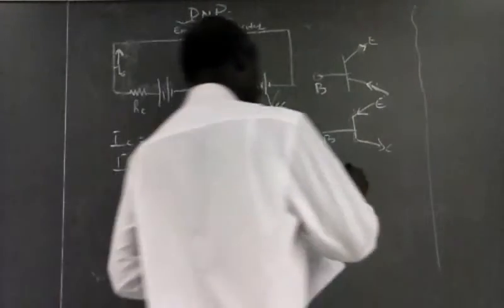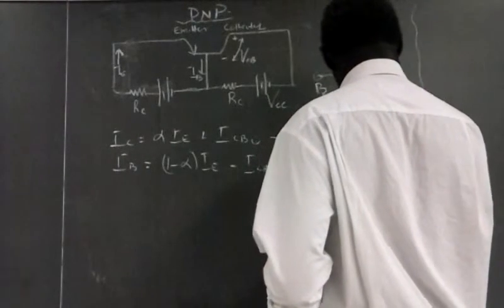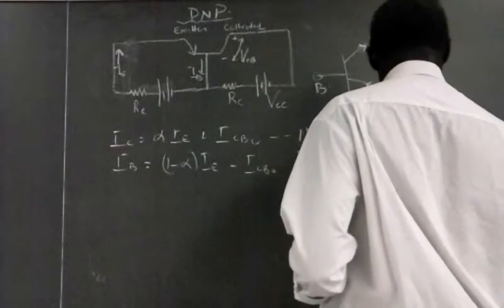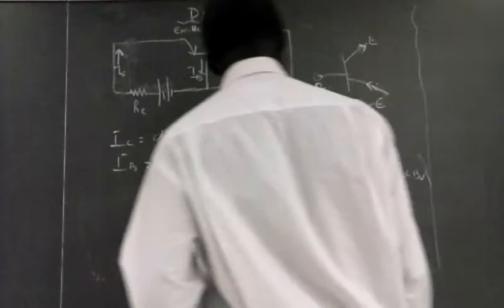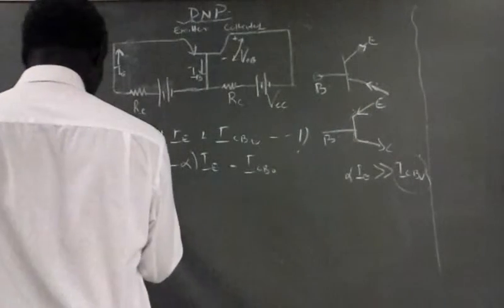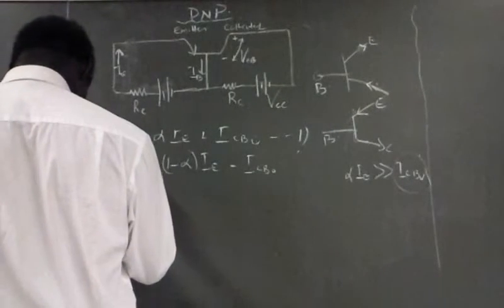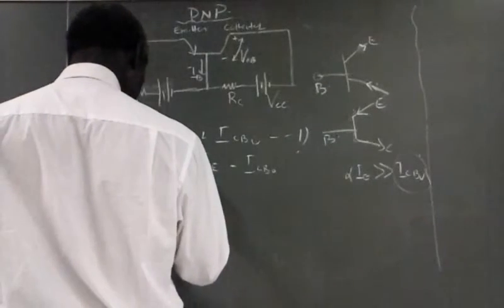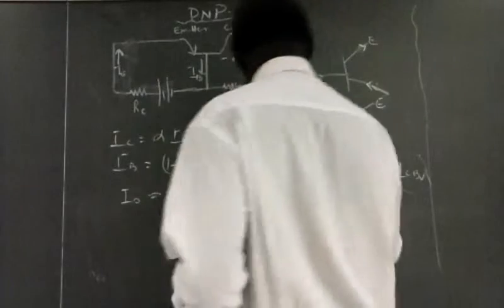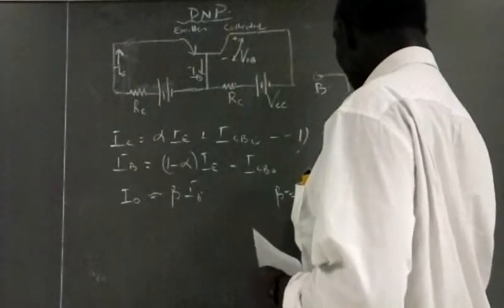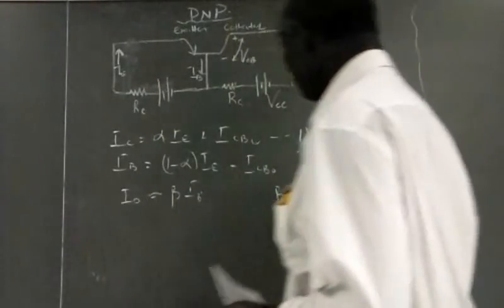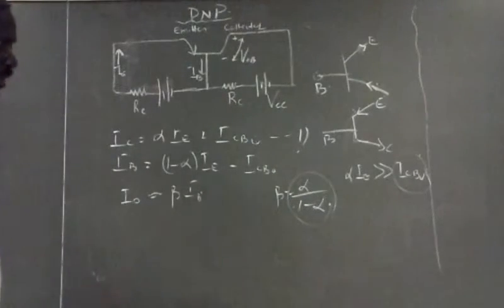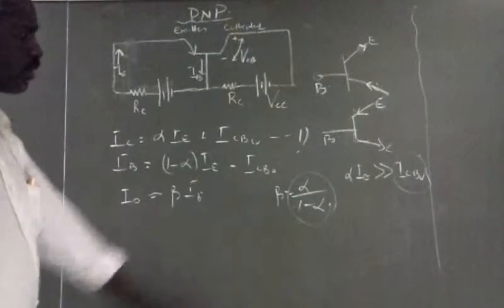And if we let alpha IE be much greater than ICO, then we could neglect the ICO, and we would say now that IC is approximately equal to beta IB, where beta now is equal to alpha over 1 minus alpha. And we know that this factor turns up so often in transistor calculation that it is given the term beta.